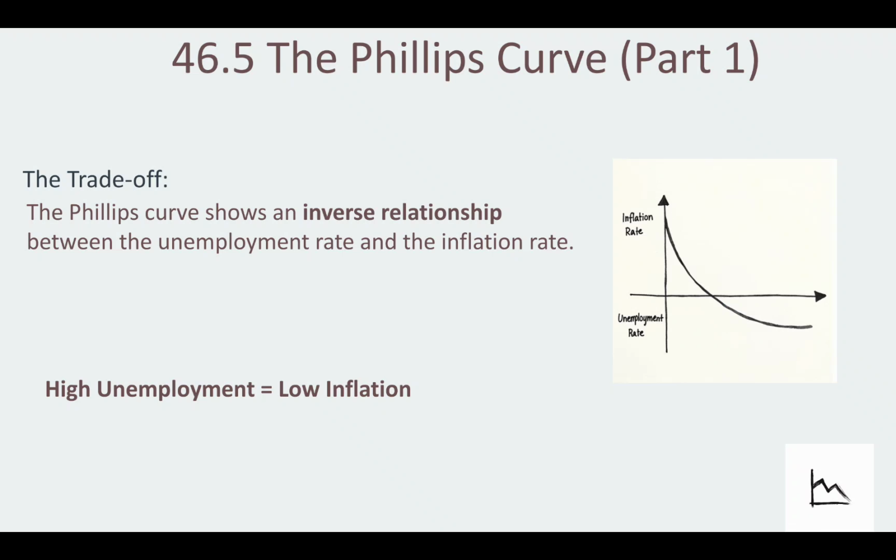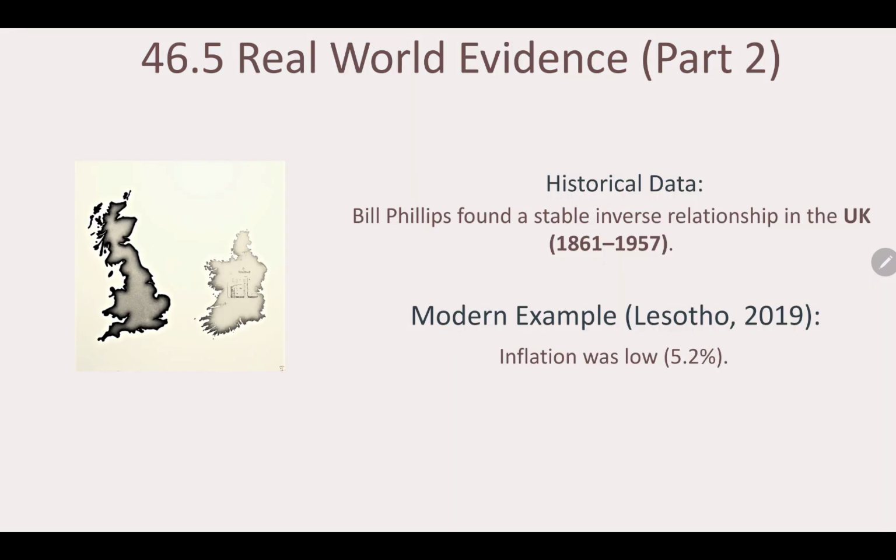The Phillips curve: the trade-off. The Phillips curve shows an inverse relationship between the unemployment rate and the inflation rate. So high unemployment equals low inflation. We will see the Phillips curve in more detail.